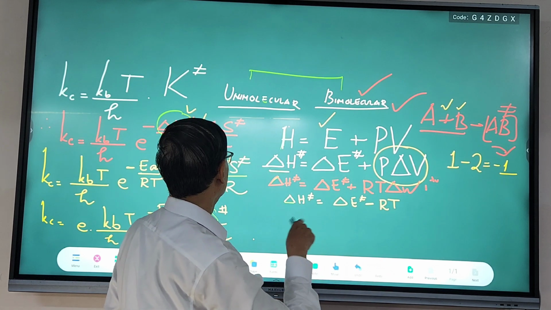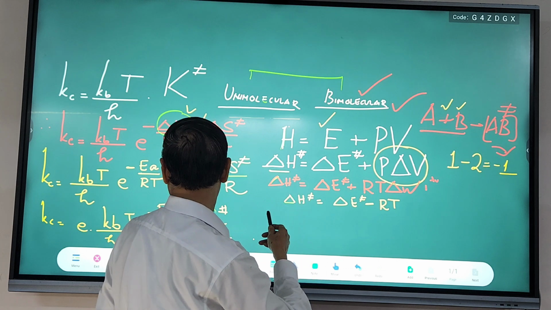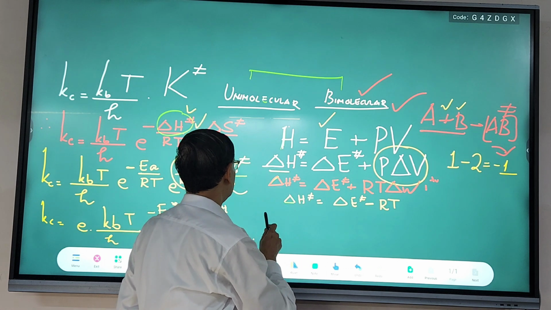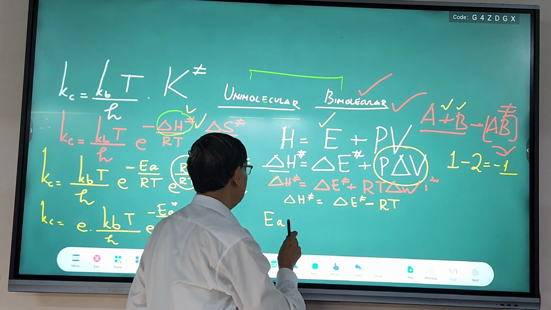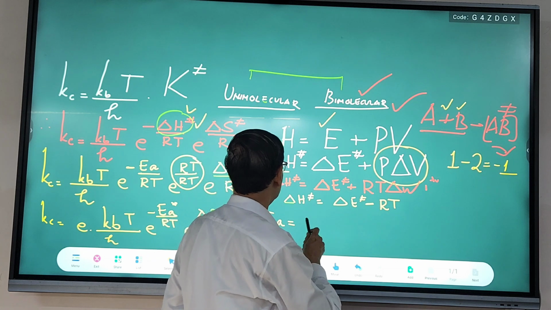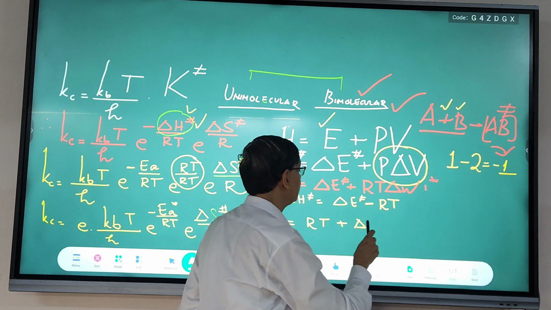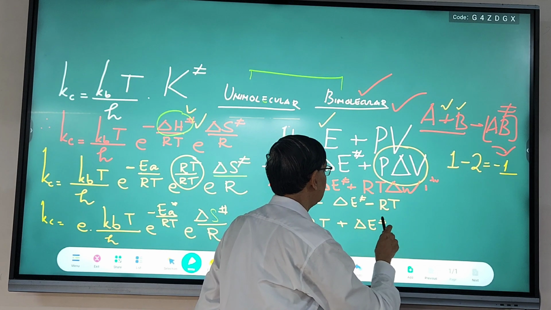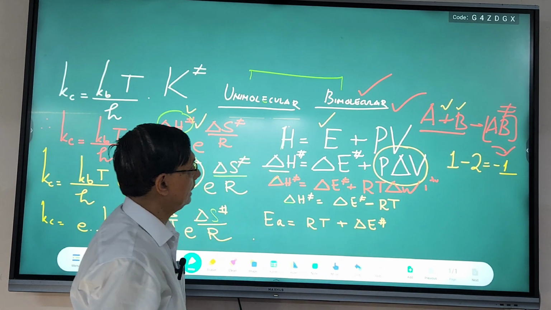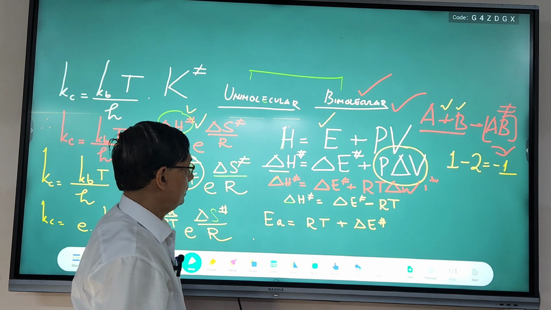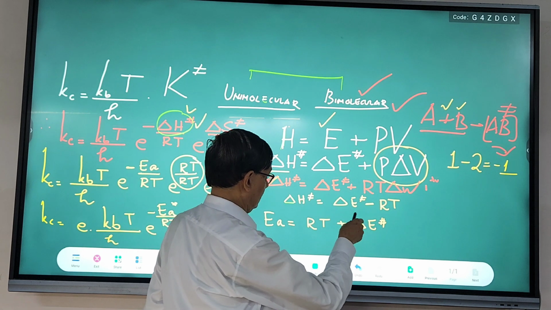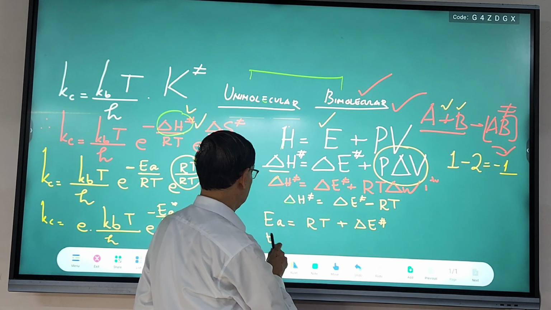Now where is our first? EA, will have written this thing. What am I getting? RT plus delta E. So first I have to write the value of delta E here. So it is very simple.